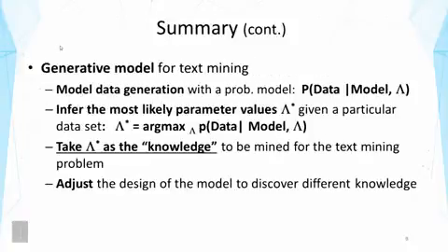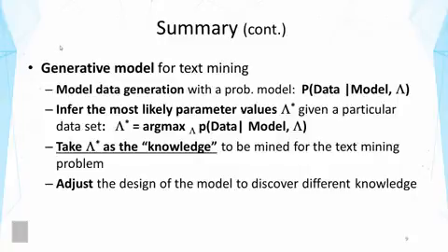We also introduced the general idea of using a generative model for text mining. The idea here is to first design a model to model the generation of data. We simply assume the data are generated in this way. And inside the model, we'll embed some parameters that we're interested in, denoted by lambda. Then we can infer the most likely parameter values, lambda star, given a particular data set.